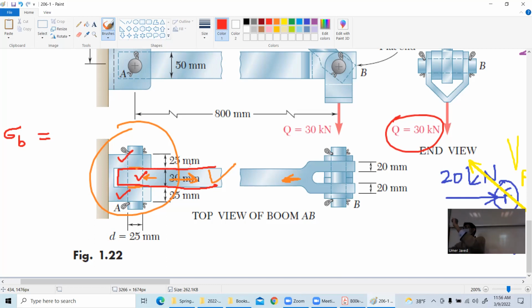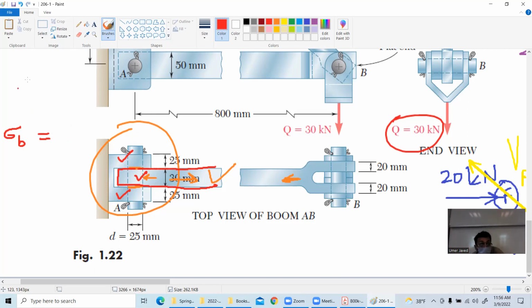So pin, member, bracket: between the pin and the bracket, then between the pin and the member. When he asked the question, he was focusing on the pin and the bracket. So now we have two different questions. That's one big question, right? Okay, let's do it.